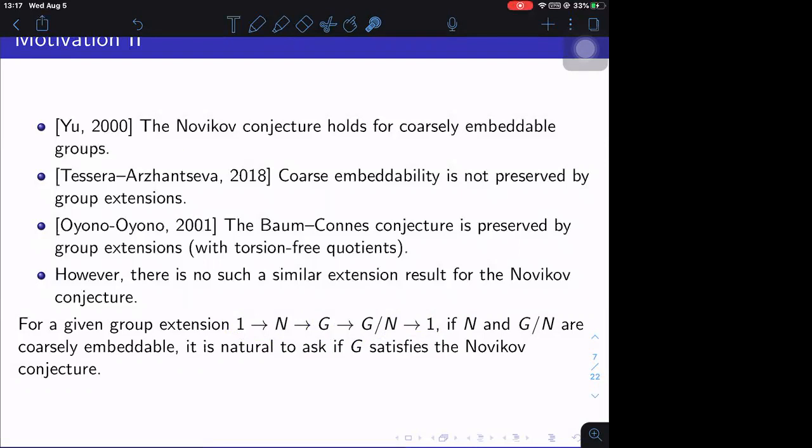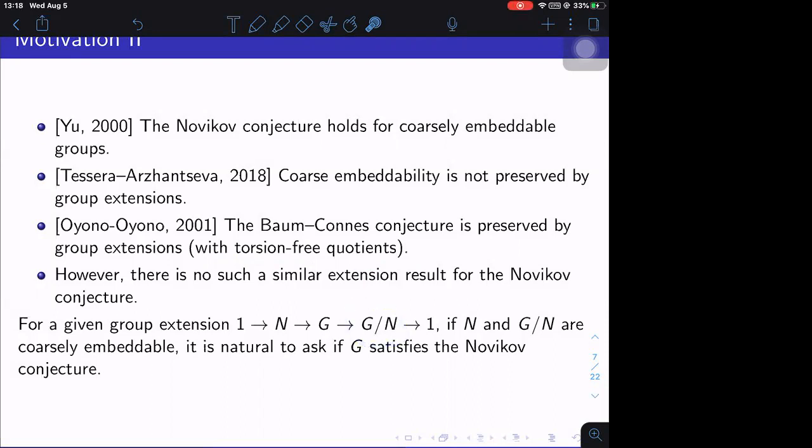And also in 2001, Oyono-Oyono proved that the Baum-Connes conjecture is actually preserved by group extension. Actually, there are some extra requirements on the quotient group.